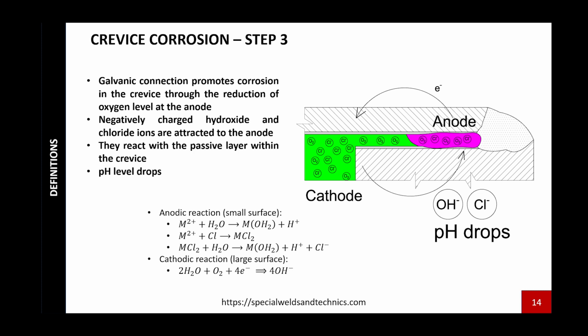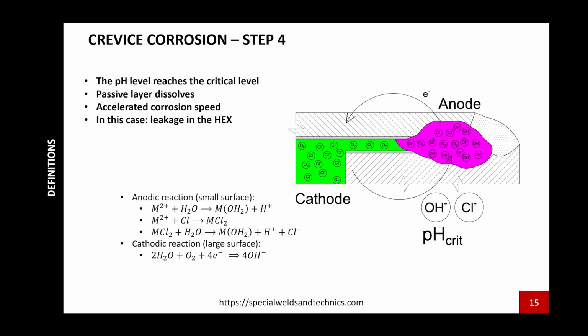It's a self-sustaining system, and as a consequence of hydroxide and chloride ion migration, the pH level in the pit drops again and the passive layer gets entirely dissolved, as we saw with pitting corrosion. Without the passive layer's protection, the corrosion speed accelerates. At this point, leakage in this heat exchanger is only a question of time.